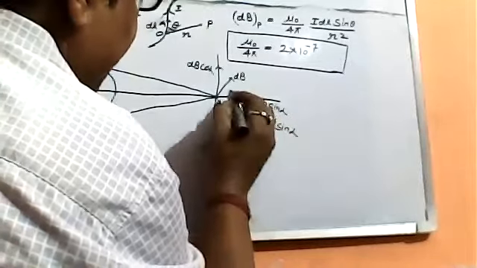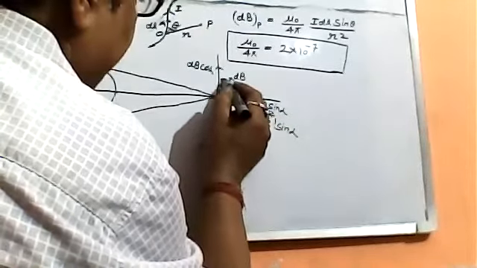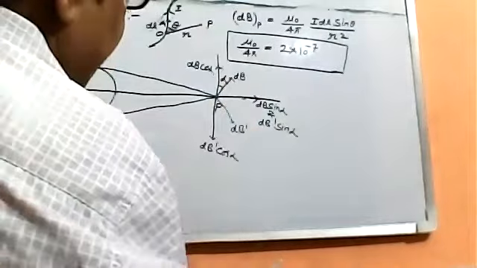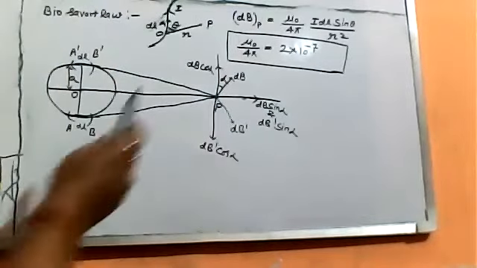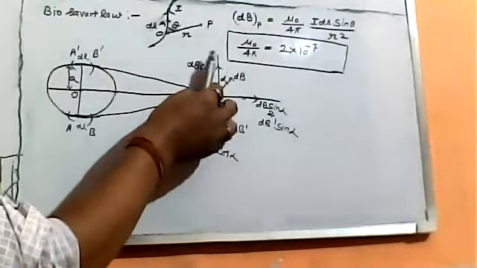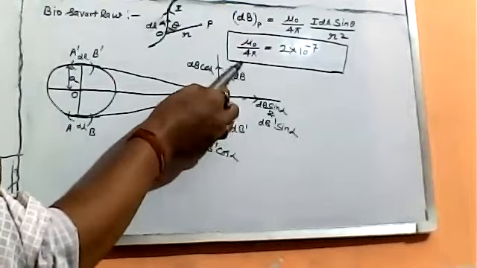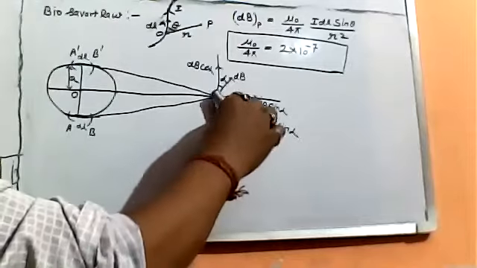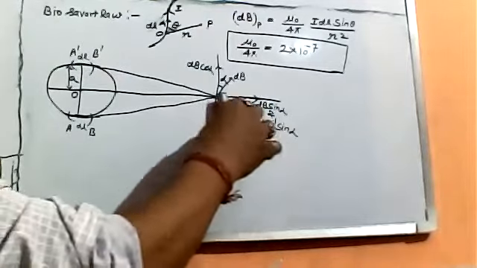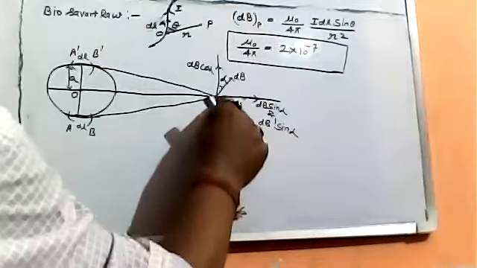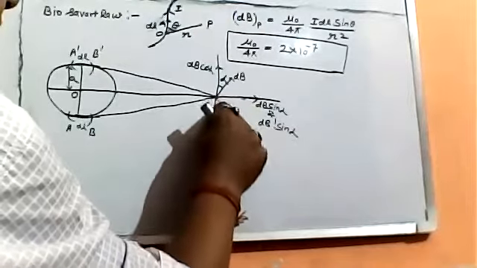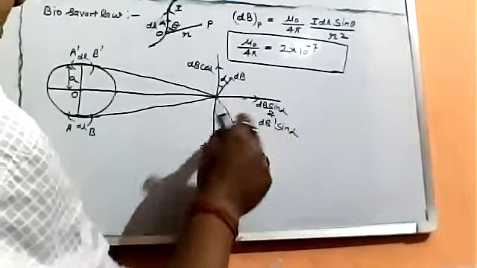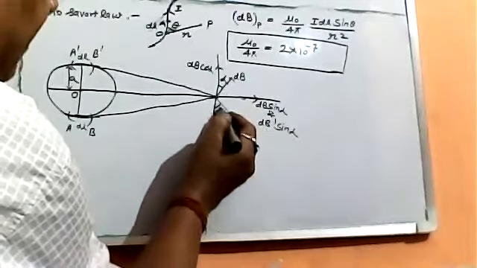Alpha is the angle, which can be written here. When the component of dB is taken, dB cos alpha here, dB sin alpha here. Similarly, when dB dash component is taken, dB dash cos alpha here, dB dash sin alpha here. So cos components get cancelled and sin components get added.